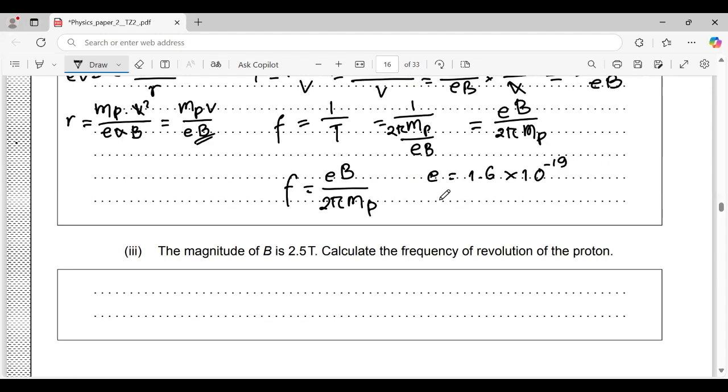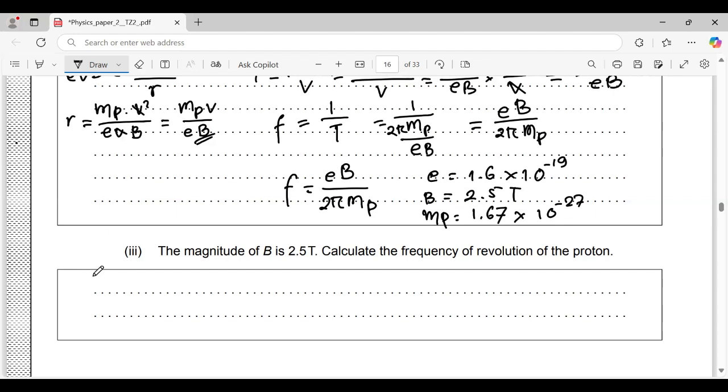B is 2.5 Tesla, and mp is the mass of the proton, which is 1.67 times 10 power minus 27.